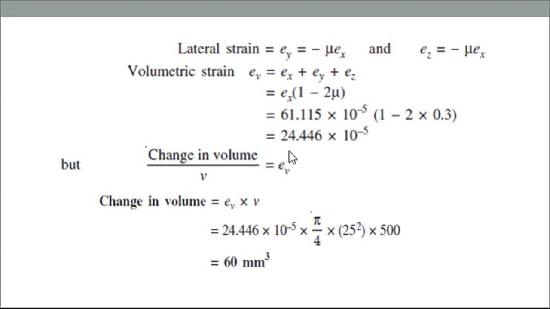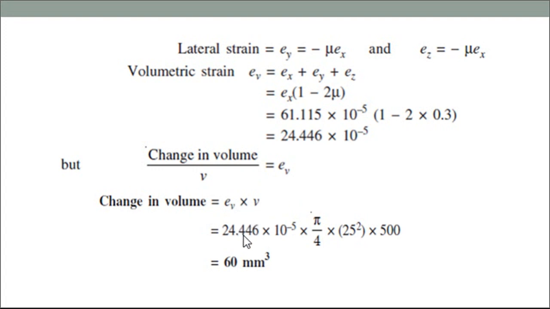Once the volumetric strain is determined, we have the formula that volumetric strain is equal to the change in volume divided by the total volume. So you can determine the change in volume as Ev, the volumetric strain, multiplied by the total volume.